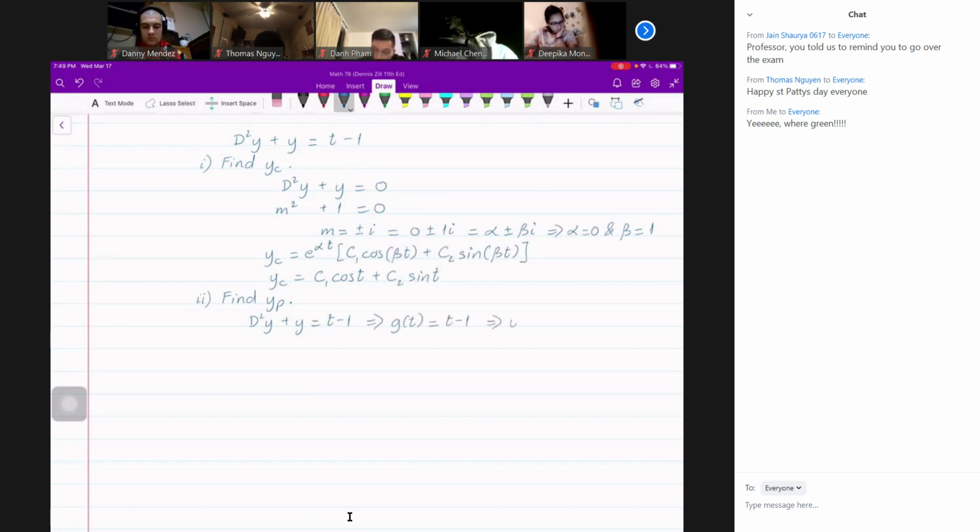So that implies the form of y sub p is a linear function, which is a t, not a x, because it's t, right, plus b. Okay, so you can do that. So that implies the first derivative of y sub p is a, and the second derivative of y sub p is 0.